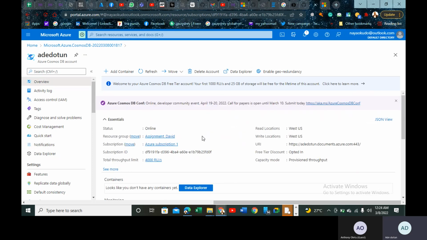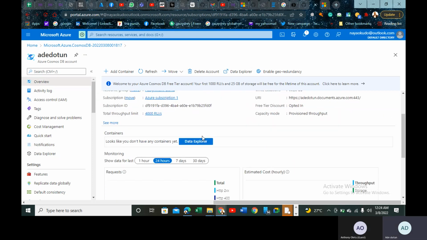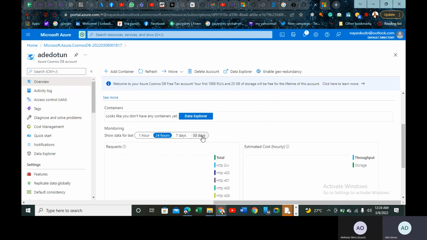So you want to look at the container again. It looks like you have the container data explorer.